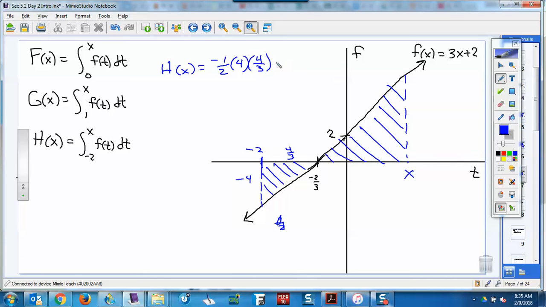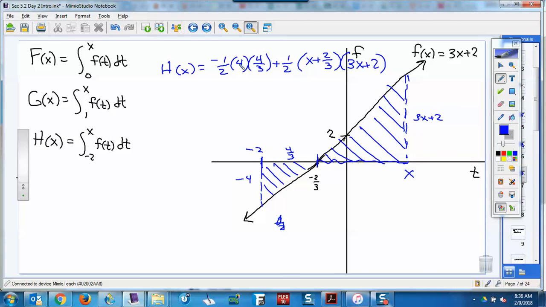Okay? Plus this triangle. 1/2, what's this right here? X minus a -2/3, right? So this would be x plus 2/3, and then this height right here, 3x plus 2 again. Okay, so let's go here.